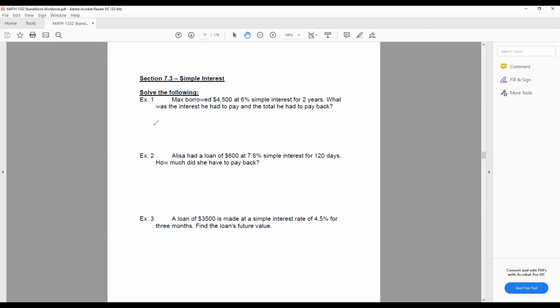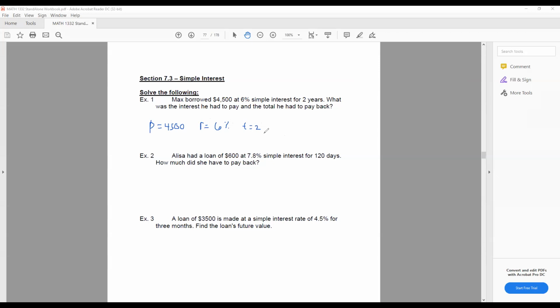So P is what he started with. R is 6%. Time is 2 years. So I'll write all this down over here. Number one, P is 4,500.